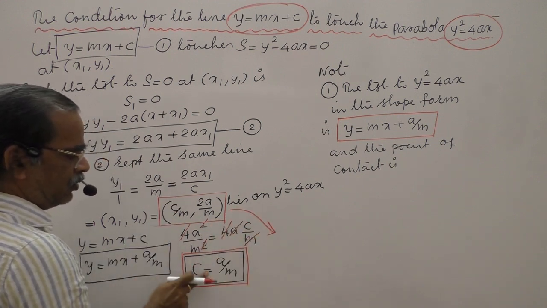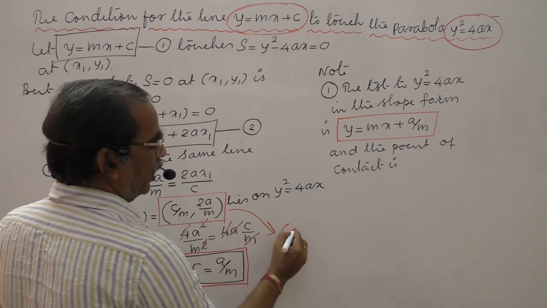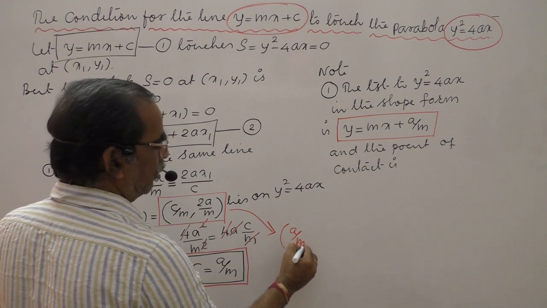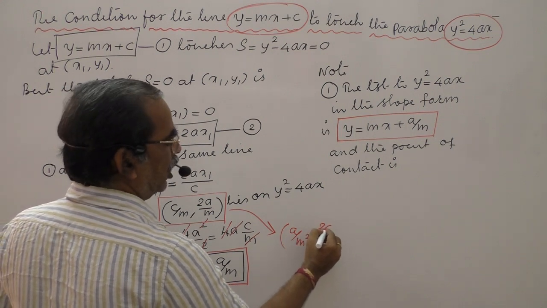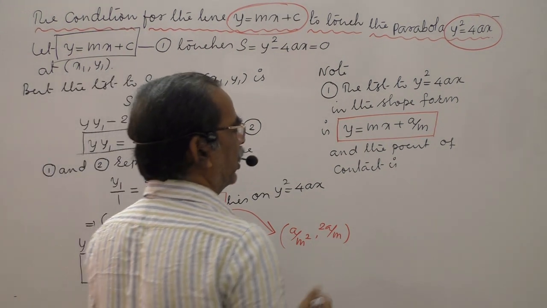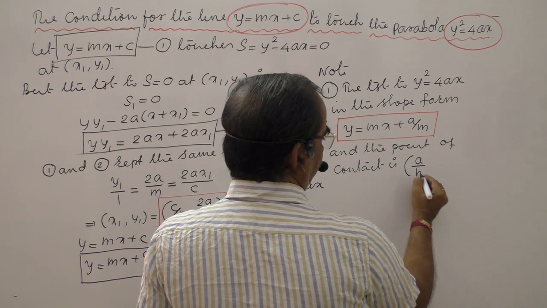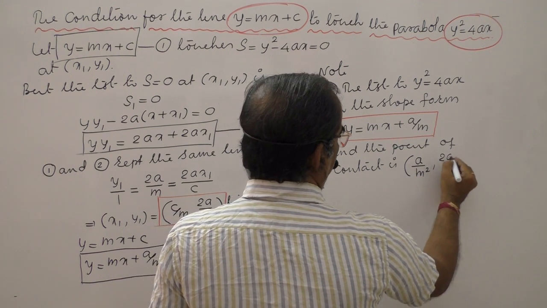So in place of c, you can write a/m. If you write c equal to a/m, this becomes (a/m², 2a/m). This will be the point of contact.